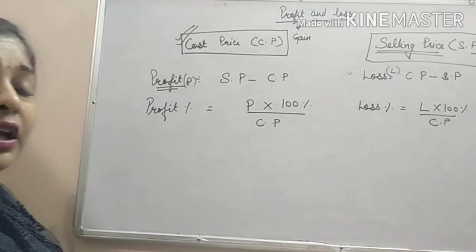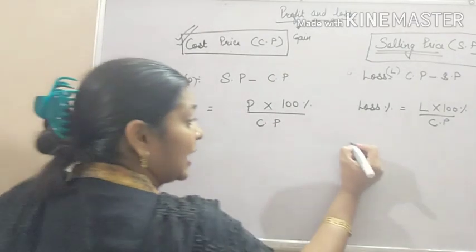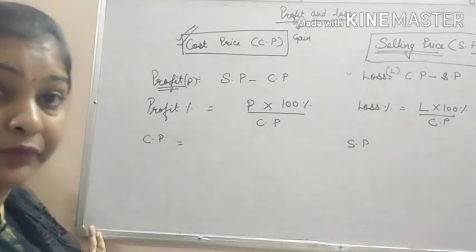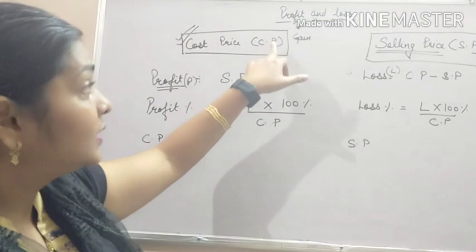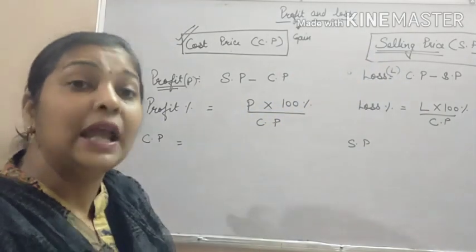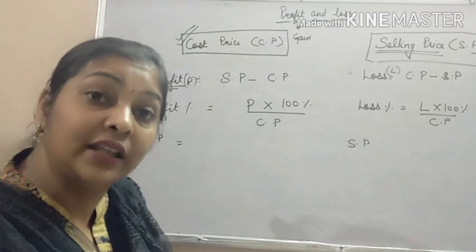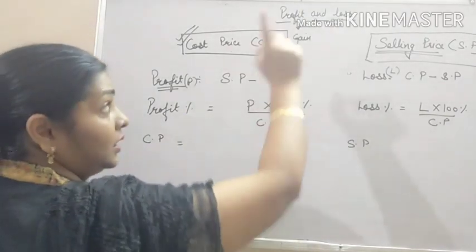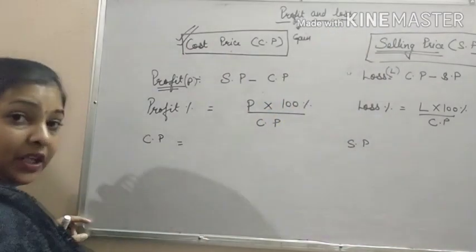But you will also come across certain problems in which you will have to find CP or SP. Now how to find CP? See, there are three quantities: profit, CP, SP, or loss, CP, SP. And you can find the unknown quantity only when two quantities are given to you. That means if you want to find CP, either profit and SP will be given to you, or loss and SP will be given to you.